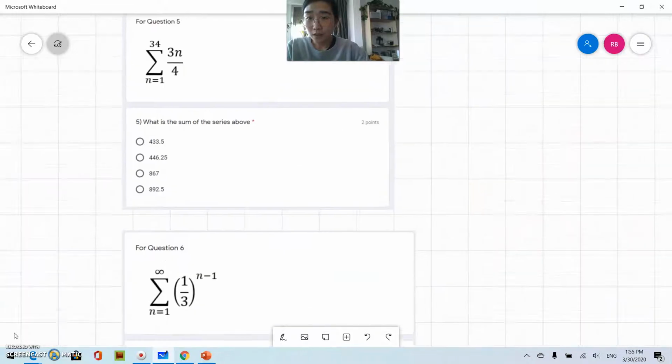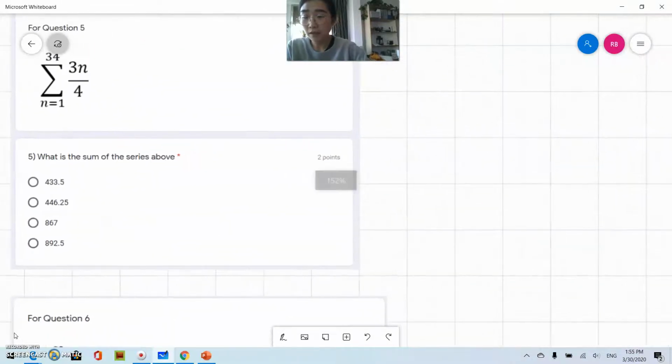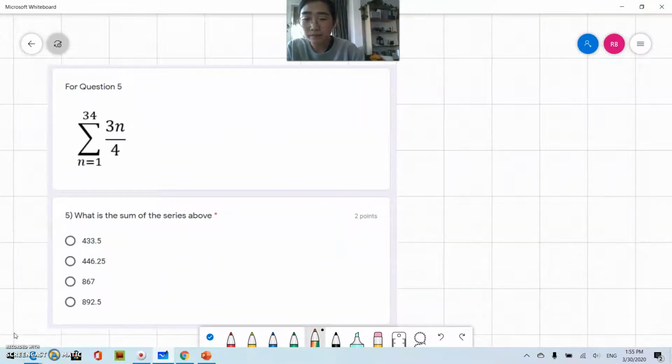Let's see. Number 5. This one, you could potentially type 1 through 34 into n and add them up, but that's a long way to do it, right? So let's figure out if this is either arithmetic or geometric series, and then we have a formula for them.